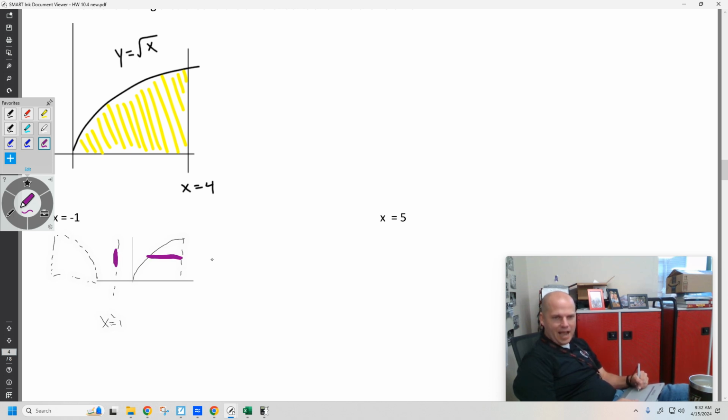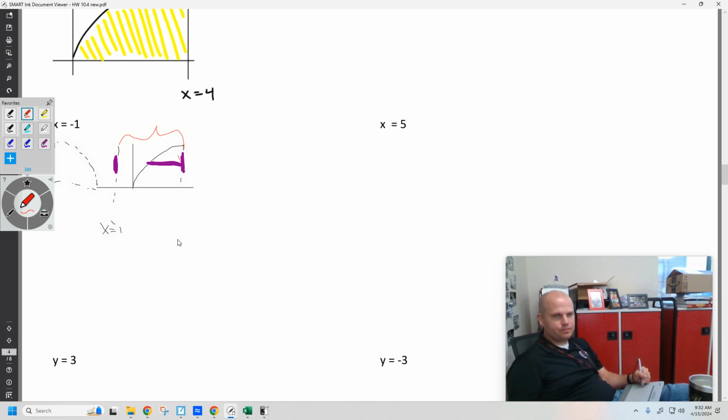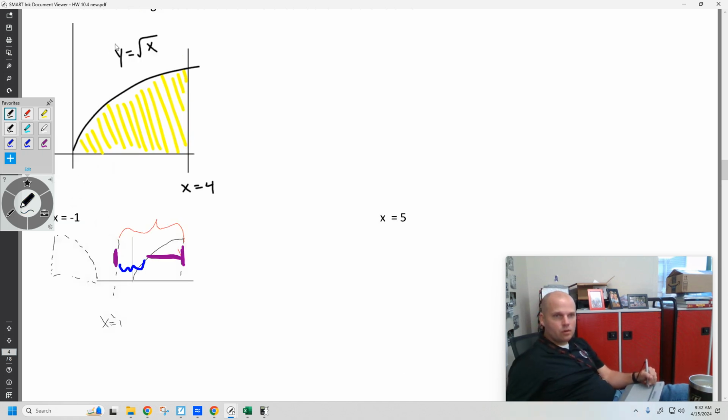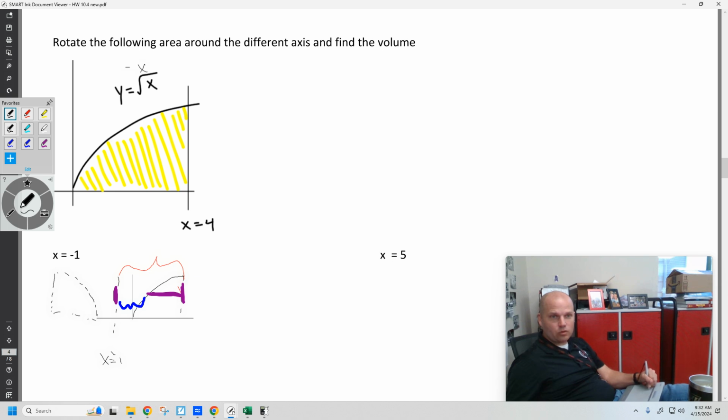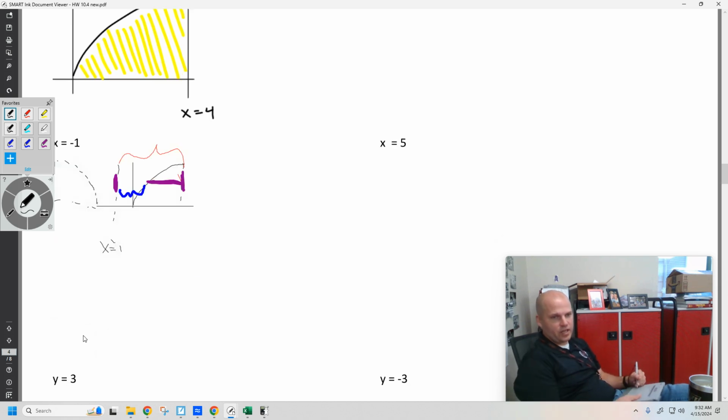The outer radius of my washer would be x equals 4 minus x equals negative 1. The inner radius of my washer is x equals y squared minus x equals negative 1.